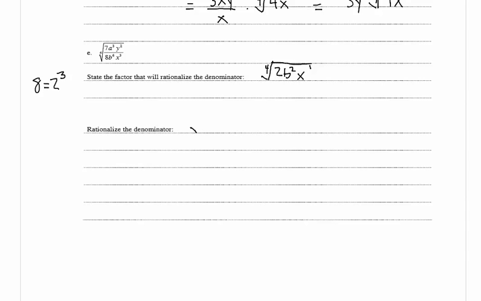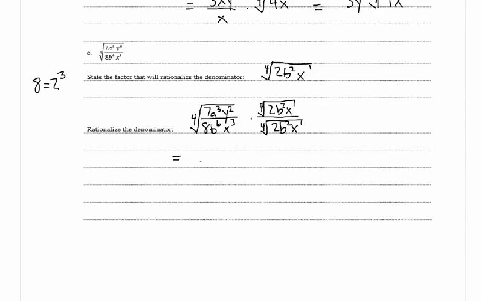And now it wants us to rationalize the denominator. So we have the fourth root of 7a cubed y squared divided by 8b to the sixth x cubed times the fourth root of 2b squared x divided by the fourth root of 2b squared x.